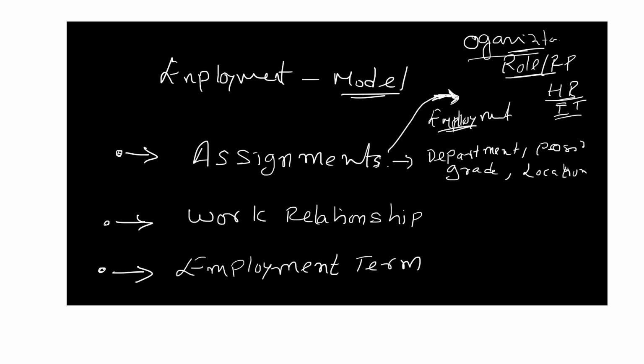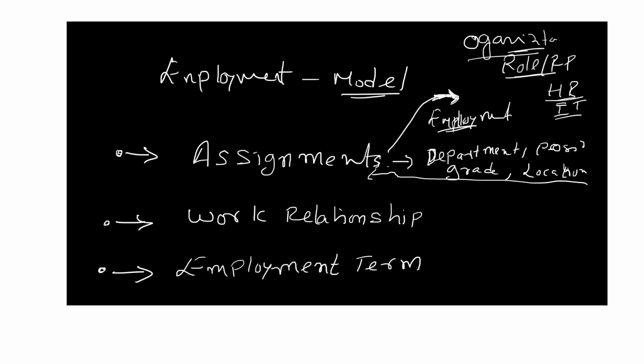When I capture this information at the employment page, it is all clubbed together as my assignment information. So if someone asks what assignment details are, we can say that the job, the position, the location, the working time, and the payroll that is attached to me are known as my assignment details.